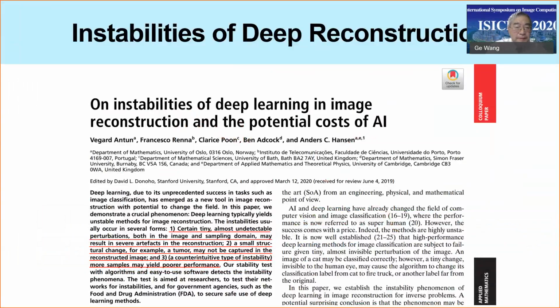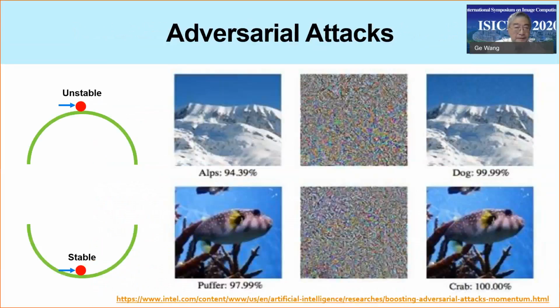In this paper, the authors reported 3 kinds of instability with several popular deep learning networks, including AUTOMAP. The idea behind their study is that they use a so-called adversarial attack, a small perturbation, and show the network is not stable. Visually you see this is an image the network can easily classify as a mountain.